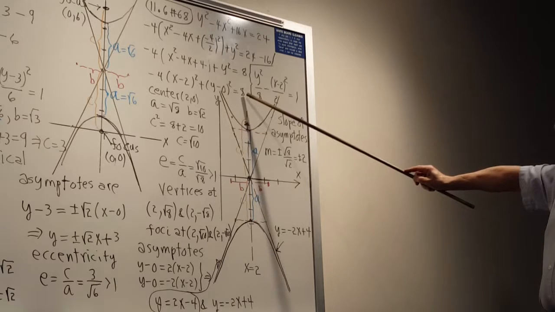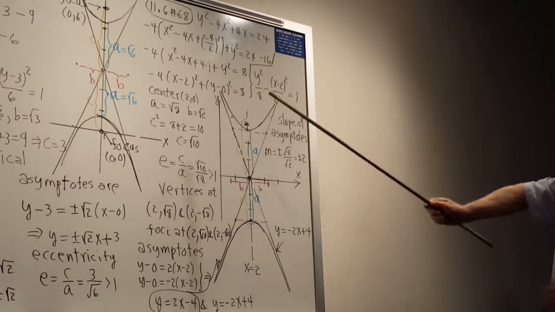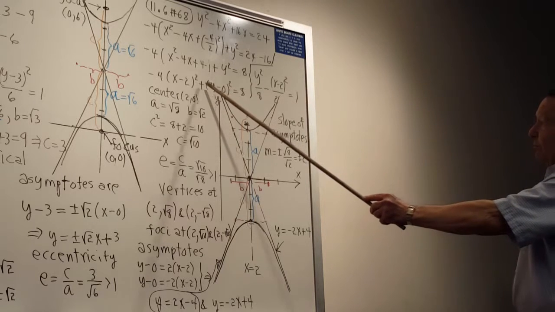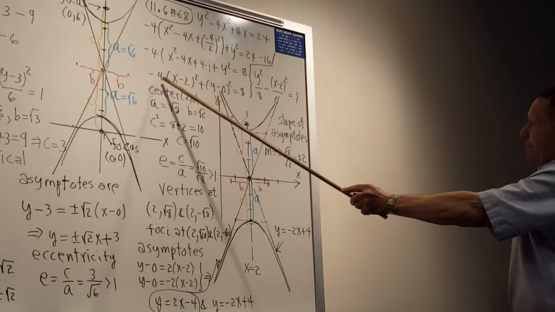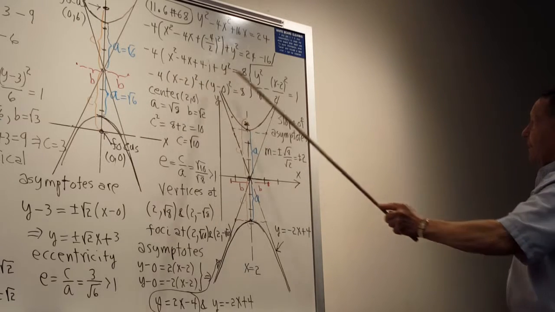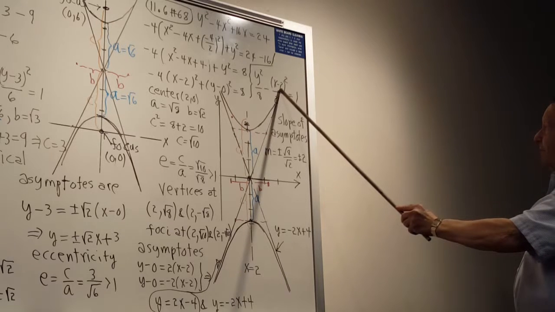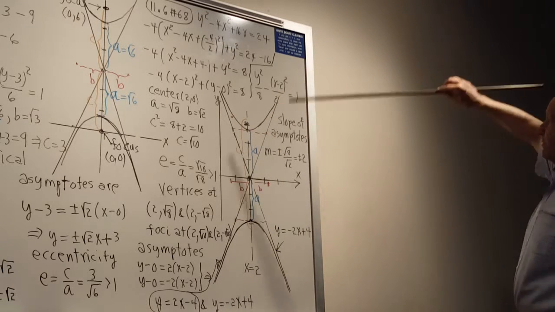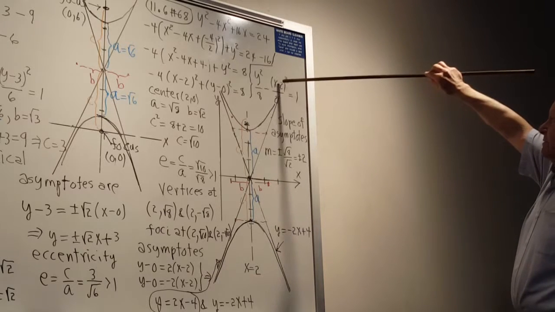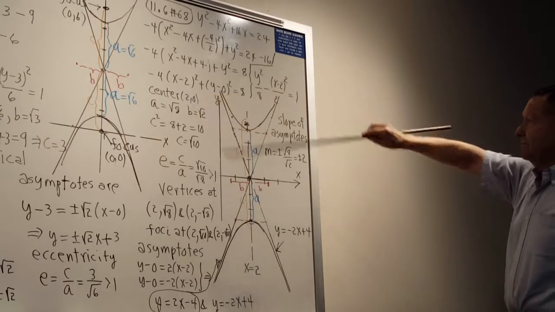Then standard form, divide by the 8, and you notice the term with the plus is over here, so put it first. Then the minus 4 over 8 is the 2 under the x minus 2 squared equals 1. Okay, now you can read your center. H is 2, K is 0.